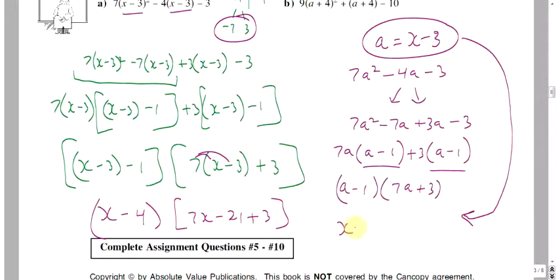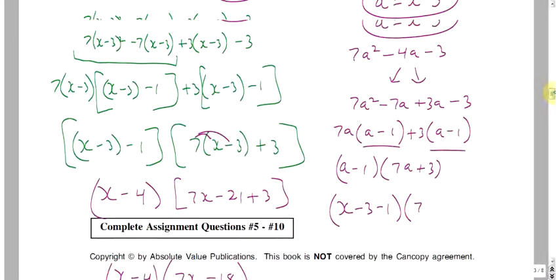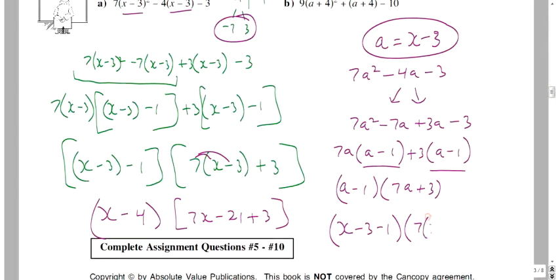Careful with the brackets. x minus 3, that's what a is. Right? a is x minus 3, minus 1. Right? 7 times, what's a? x minus 3. If you don't bracket that, are you going to get the right answer?